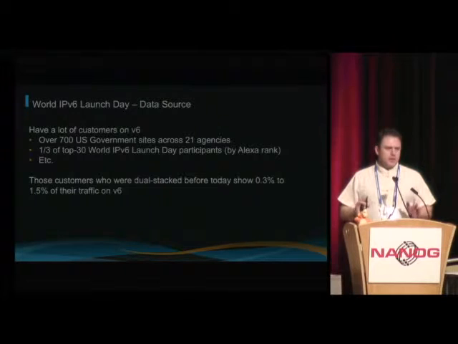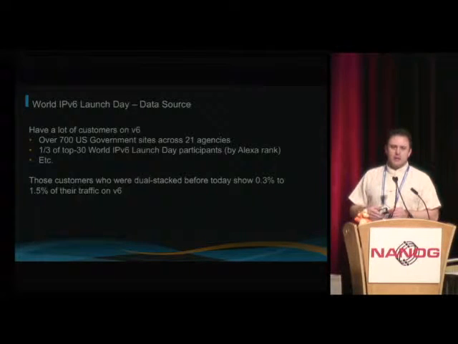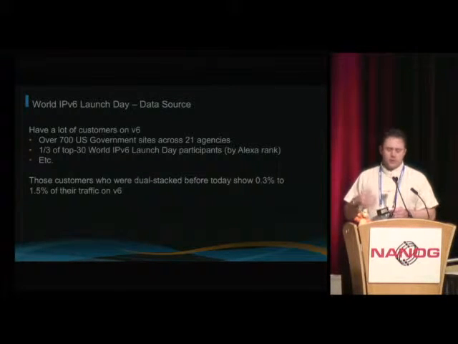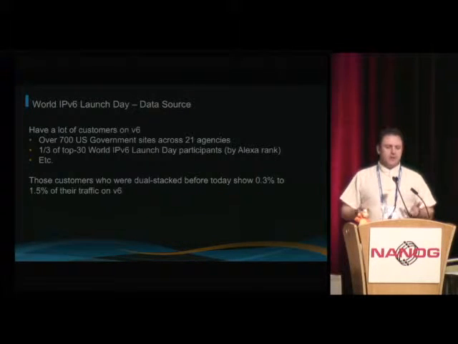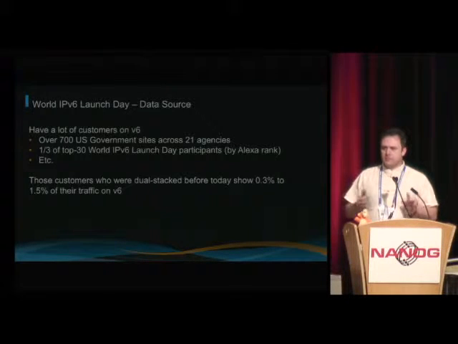So just so everybody understands, we do have a lot of people on IPv6. It turns out a lot more than we had last year on IPv6 Day, as opposed to launch day. Some stats that we are allowed to give out: over 700 government sites across 21 different agencies, and 1/3 of the top 30 World IPv6 Launch Day participants by Alexa rank. That, by the way, is company-based, obviously not individual page-based.